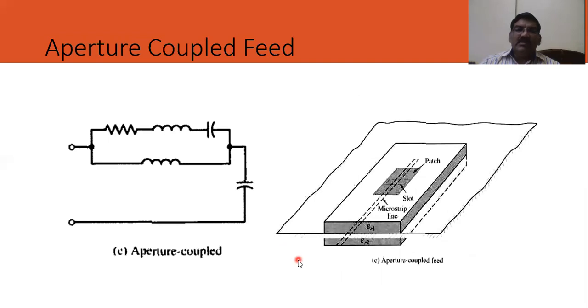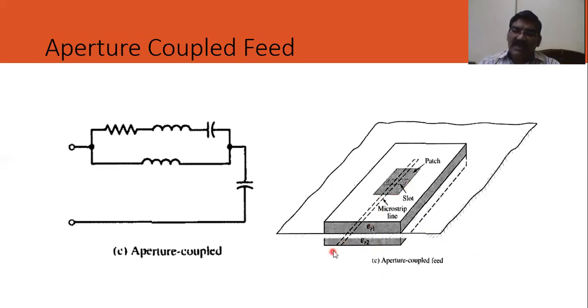The aperture coupled technique. Here there are two substrates: epsilon R1, the upper substrate, and epsilon R2, the lower substrate, and between these two substrates there is a feed line.